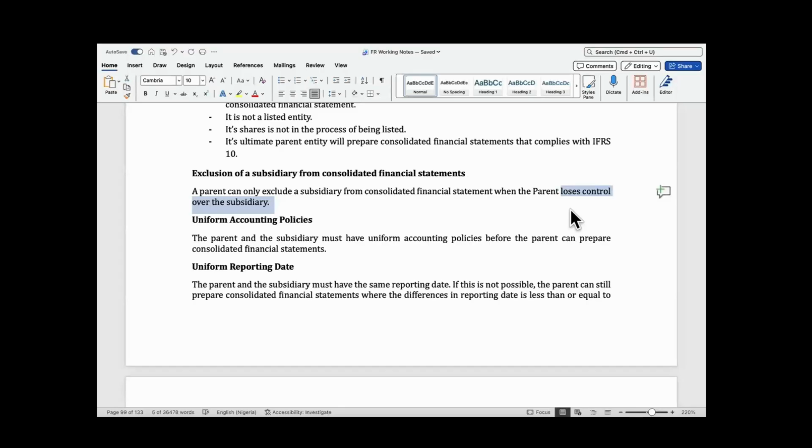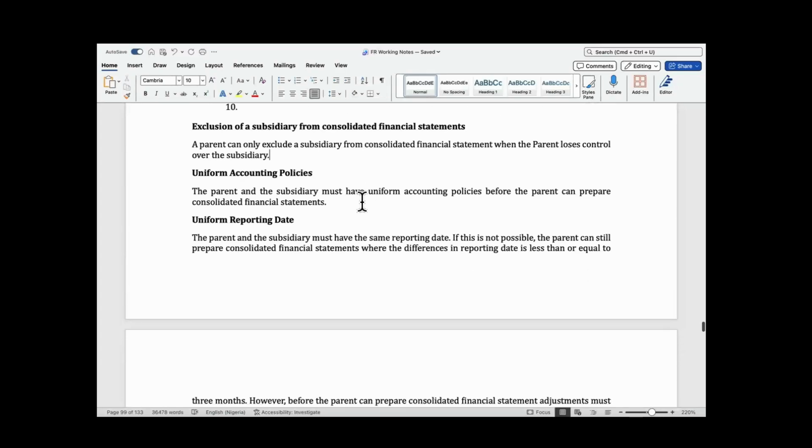They would just exclude the subsidiary for no genuine reason. Probably they had seen that the subsidiary is loss making, or has a lot of liabilities, and they didn't want to be a party to that, so they would not include that subsidiary in consolidation. But that's not possible again, because you can only exclude a subsidiary when you have lost control of that subsidiary. That needs to be noted.